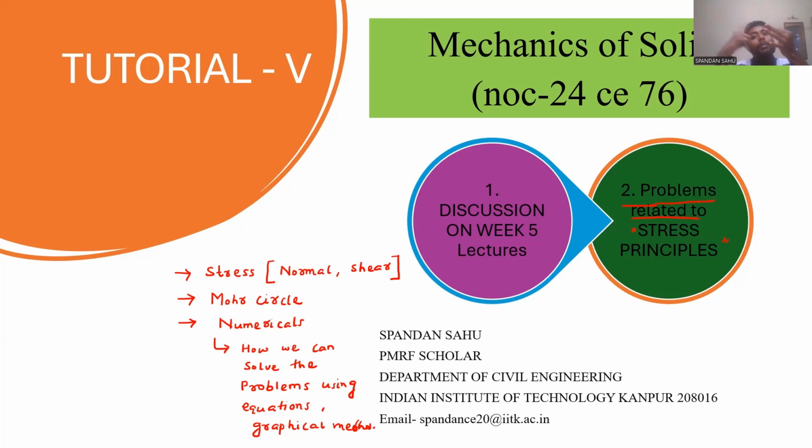Third, the principal stress and how to calculate the maximum normal stress and maximum shear stress using both the equations, which are well established, as well as the graphical method, which is nothing but the Mohr circle method. Till this point, is it clear? If everyone is clear, please let me know, or else I will move forward.